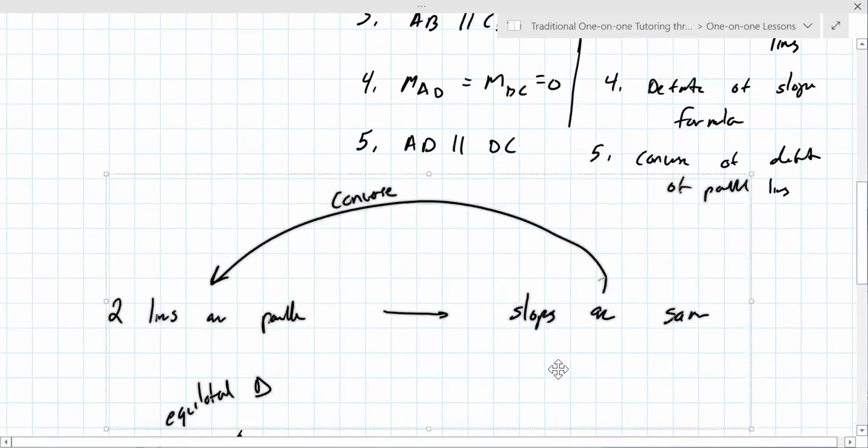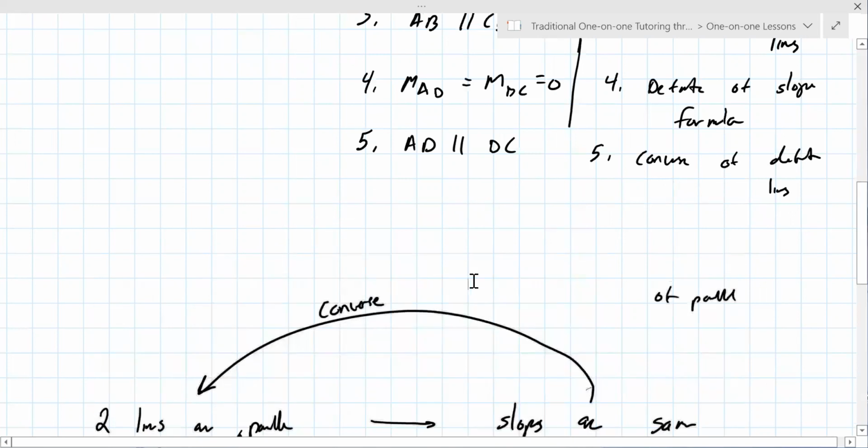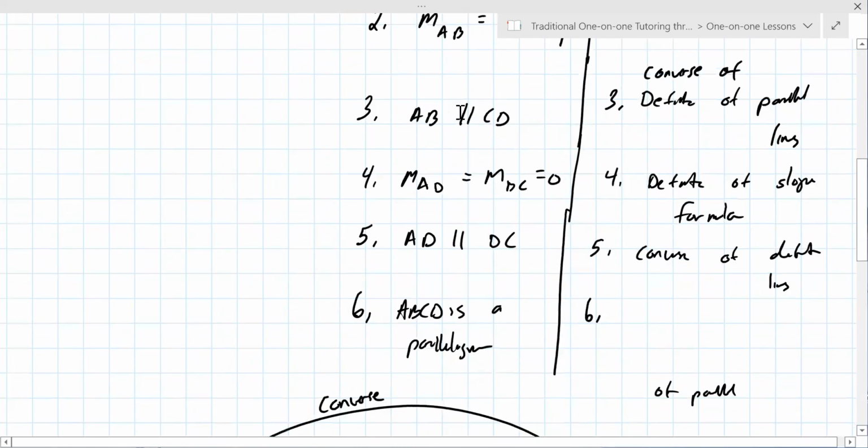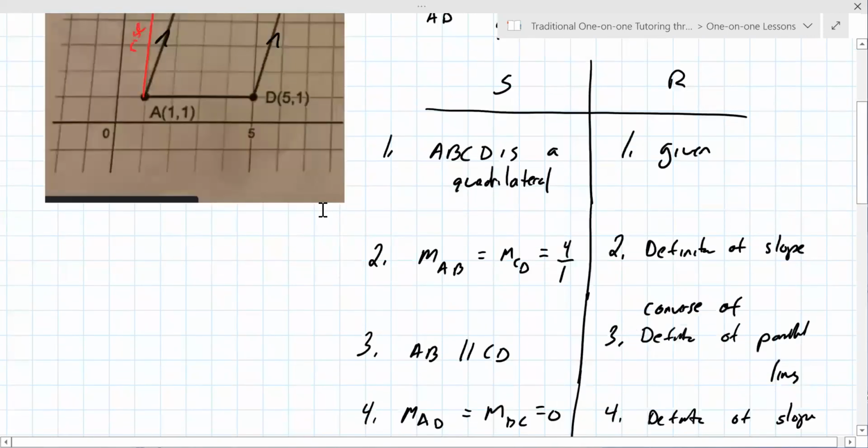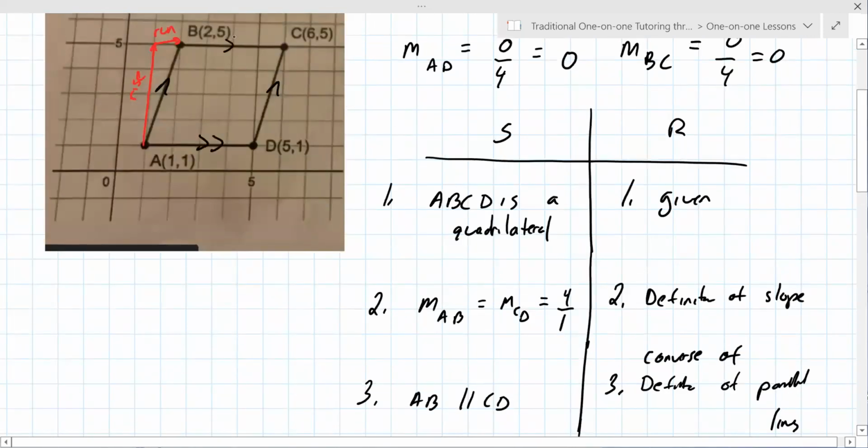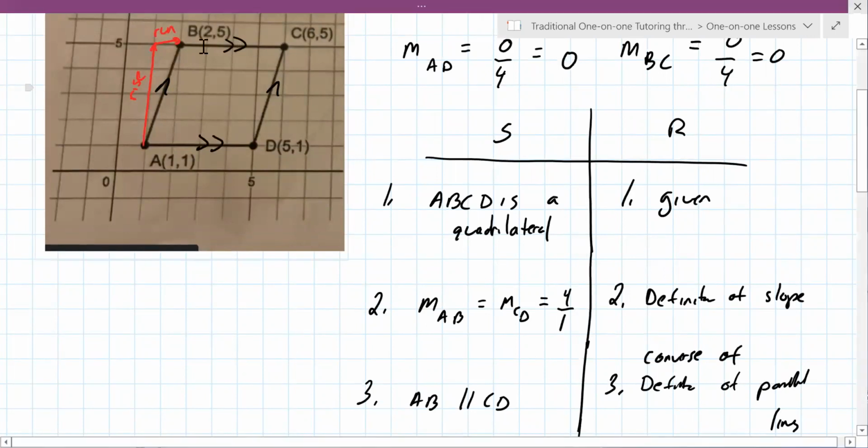And then what's frustrating here is you're still not done, because you still have to say that ABCD is a parallelogram. And the reason is, well, if it was a parallelogram, what would you know about the sides? What would you be able to say about the sides? 3 and 5. That they'd all be the same. Parallel. We used parallel. So if this was a parallelogram, what would you already know about the two sides?